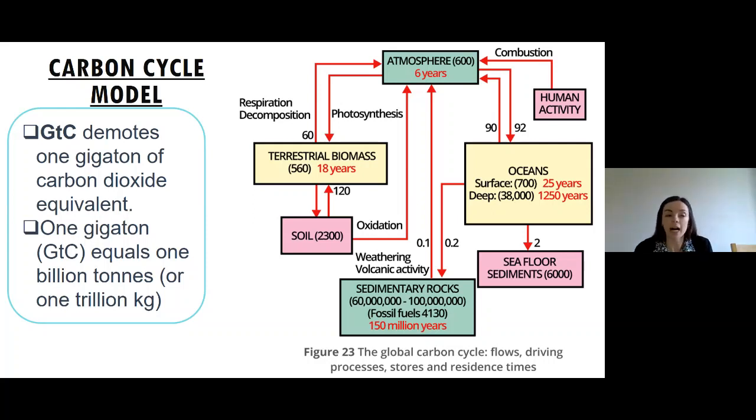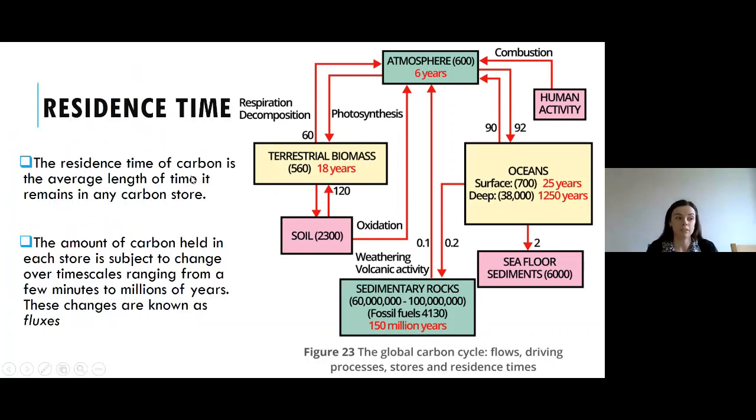So in red in the carbon cycle diagram, we have the residence time. The residence time of carbon is the average length of time it remains in any carbon store. The amount of carbon held in each store is subject to change over timescales ranging from a few minutes to millions of years.